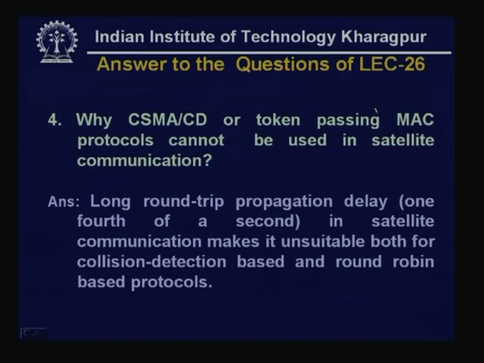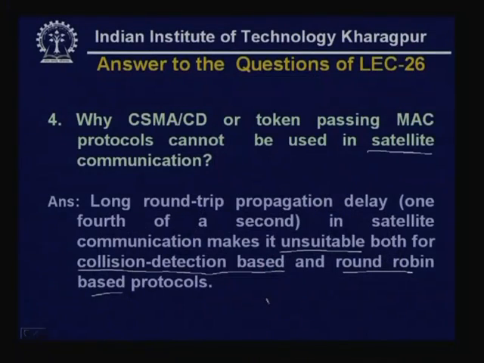Fourth question was, why CSMA/CD or token passing medium access control protocols cannot be used in satellite communication. As I have told, long round trip propagation delay in satellite communication makes it unsuitable for both collision detection based and round robin based protocols. As we know, the delay here is about a quarter of a second. So, if collision is detected by a ground station, that has happened a quarter of a second earlier.